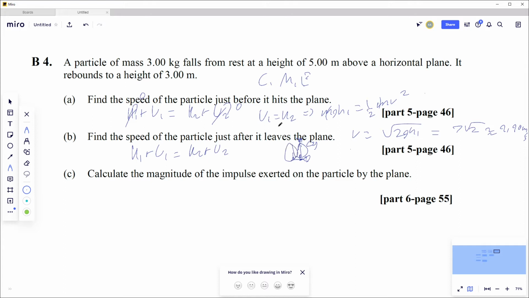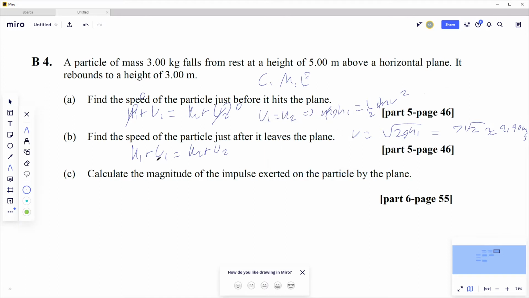So the first conservation we did here was from where it was dropped till before touching the surface. Second conservation in part B is going to be just after it leaves, so just after it rebounds. This is state 1 and this is going to be state 2, maximum height. So yeah, we use that because we can cancel things. Let me show you what you can cancel.